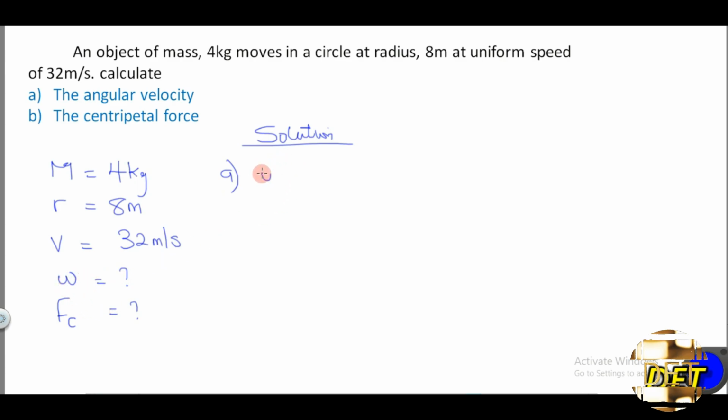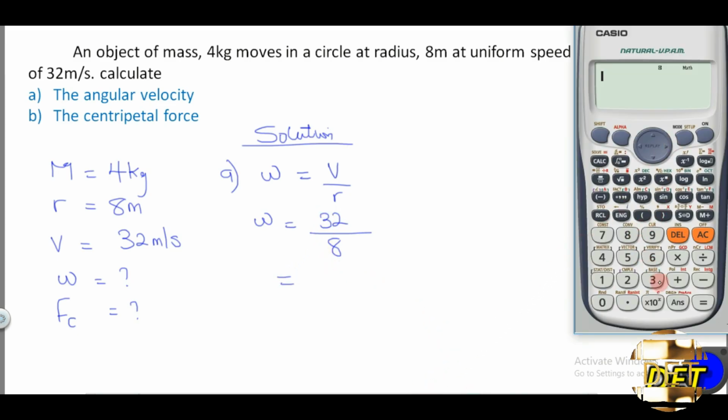Angular velocity, which is represented as W, is equal to V over R. This is the formula for angular velocity. So W is equal to, our velocity here is 32 meters per second divided by the radius, which is 8. So 32 divided by 8, if I bring out my calculator now, that will be equal to 4.